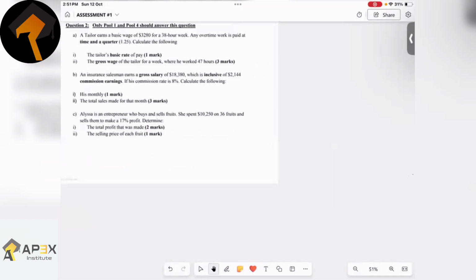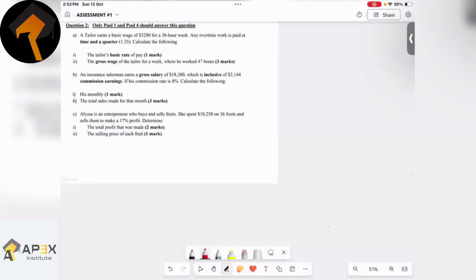Okay, here we go. All right, now, a tailor earns a basic wage of $3,280 for a 38-hour week. It was also added that any overtime worked is paid at time and a quarter, where the value of time and a quarter is 1.25.